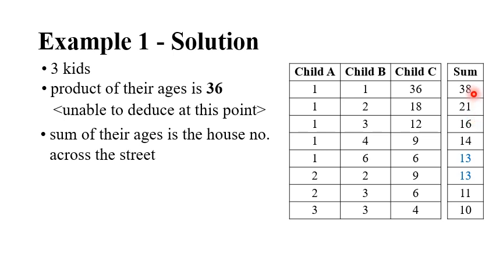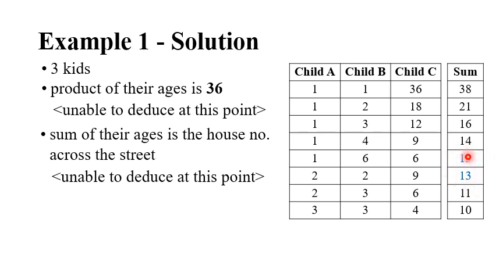Similarly for 38, 21, 14, 11, and 10, if these are the house numbers, we will be able to determine the ages respectively. However, we are told that I'm still unable to determine the ages. Therefore, the house number across the street must be 13.